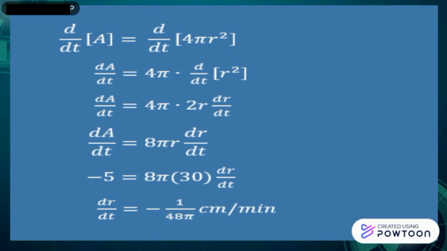Bring 4π to the front and we end up with 4π multiplied by the derivative of r² with respect to t. Apply the chain rule to the derivative of r² with respect to t. After simplifying, we get 8πr dr/dt. Substitute dA/dt and r into the equation and we get negative 1/48π centimeter per minute.